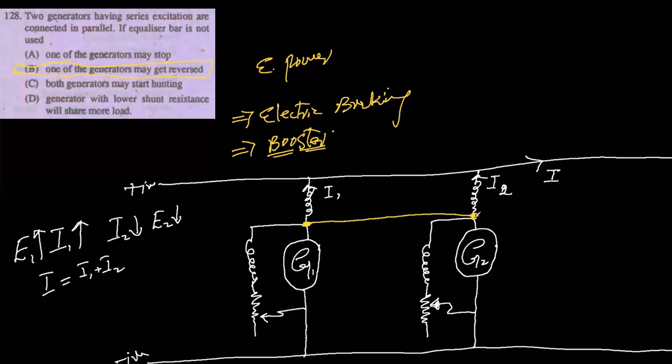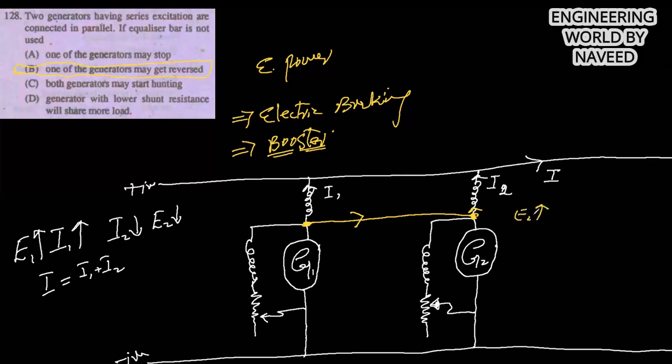As you can see, the equalizer ring shorts G1 with generator G2, due to which generator G1 also starts supplying current to the field winding of generator G2 through this equalizer ring. The field of G2 gets strengthened, and its induced EMF gets increased. So through the equalizer ring, both generators stabilize rapidly.